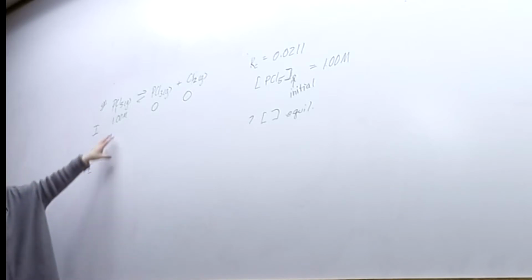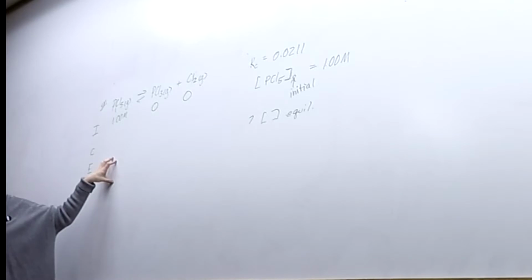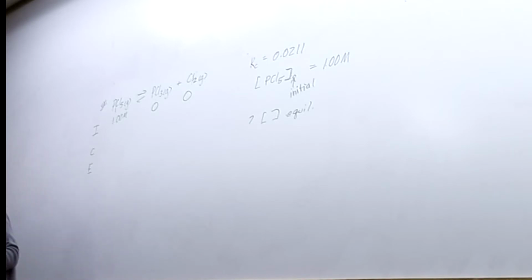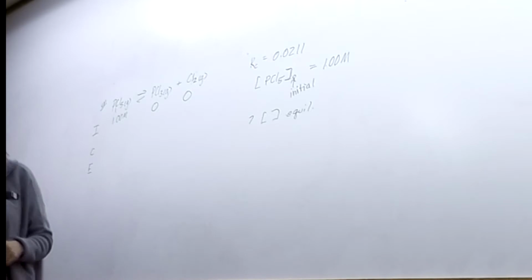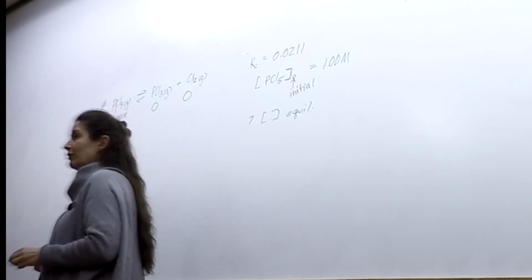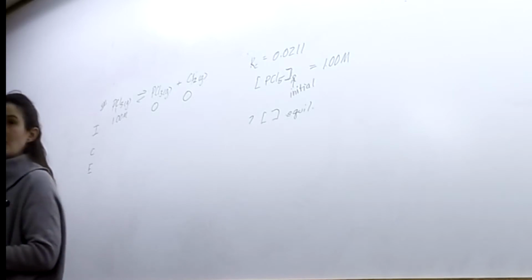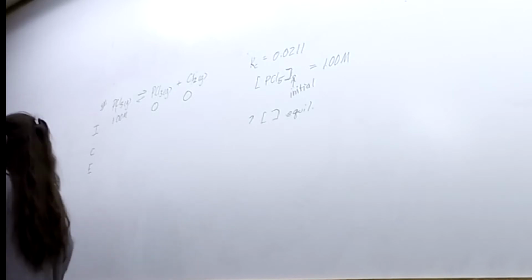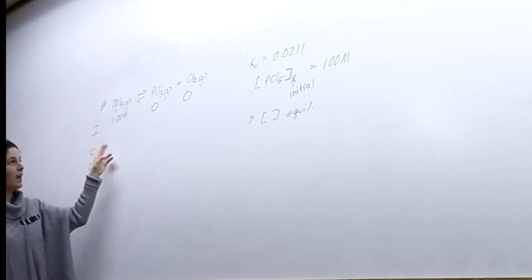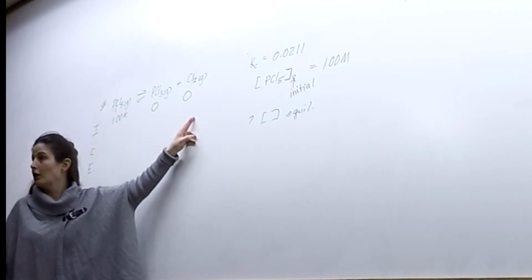Okay, so we need to determine the change, and we need to determine our equilibrium concentrations. We don't know any of our equilibrium concentrations, and we do not know the change that happens during that reaction. So we have to fill in and solve for some assumptions. For the change, we know that it is identical across all of these.